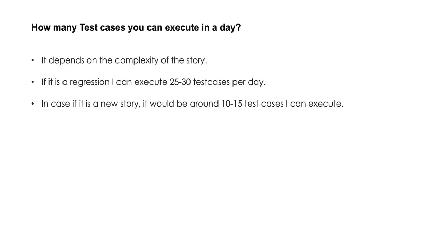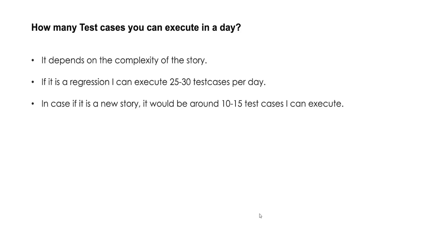Why? Because it depends. If there is any issue, you will start debugging and understanding that issue. If it is causing any other issue, there are other steps that you will follow. So in case of a new story, you cannot directly tell exactly how much you will be able to execute. Exact number we cannot give.